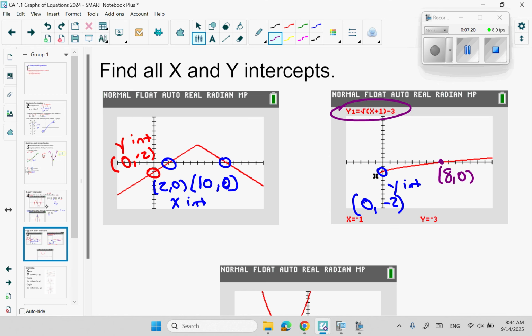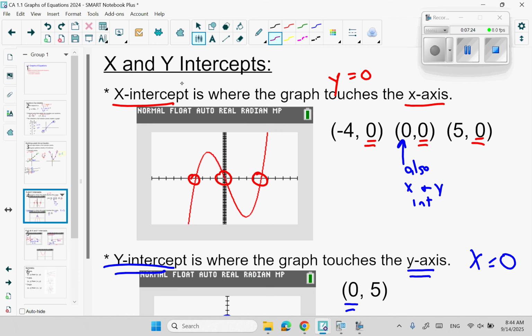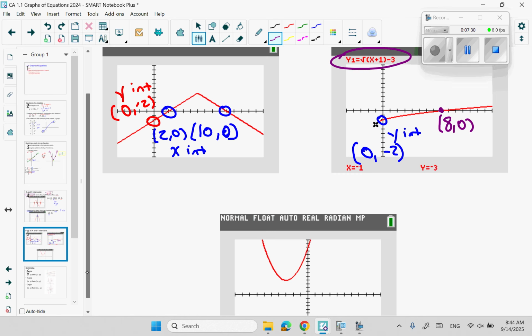So remember, if I'm looking for an x-intercept, I know that the y value has to be 0. So I can plug in y equals 0 into my equation to solve for my x-intercept. So I get 0 equals square root of x plus 1 minus 3, and I can solve for x.